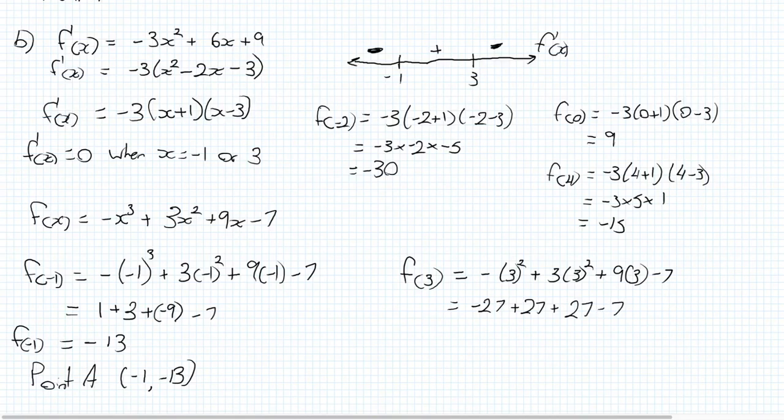So we've got minus 27 plus 27 plus 27, which is 27, and 27 minus 7 is just 20. So we know that the coordinates for point B are going to be 3, 20.